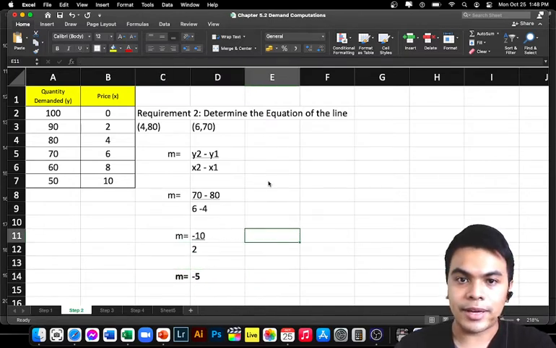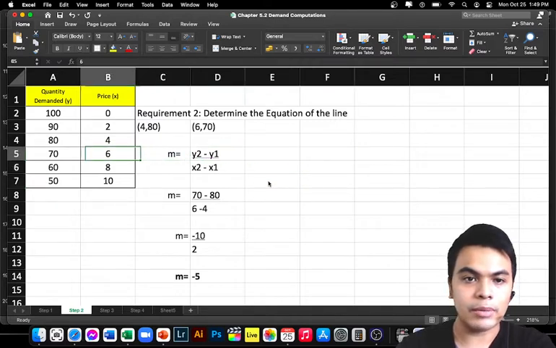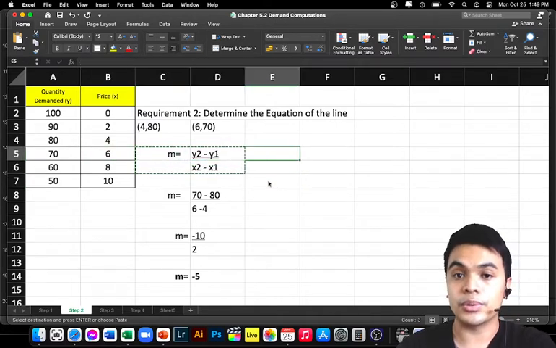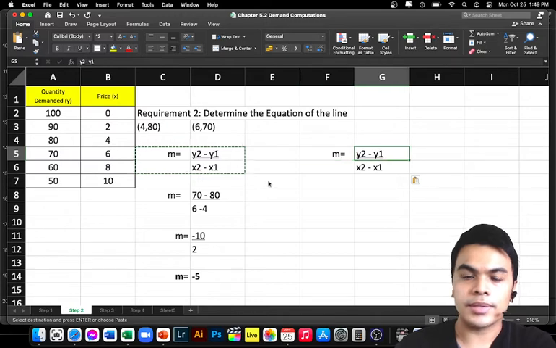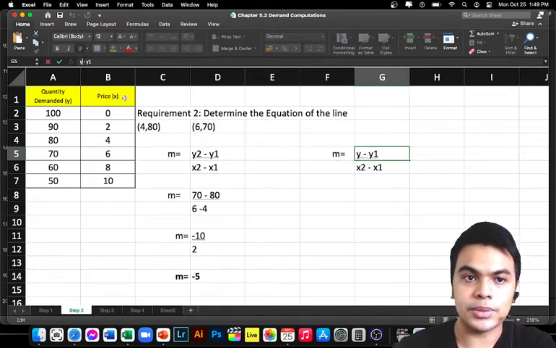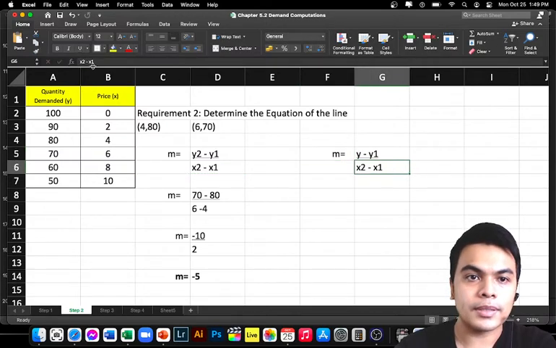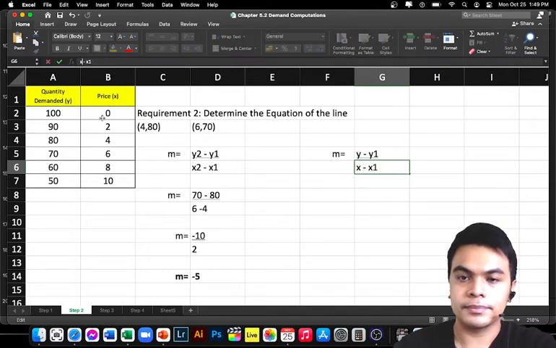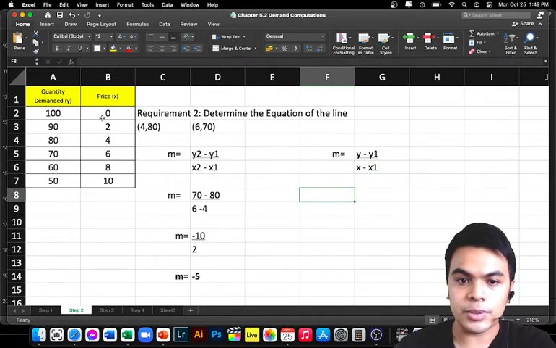Okay, now let's identify the equation. So again, we are going to modify this equation. Tanggalin natin C2. Okay, so we have the value for the slope, negative 5.